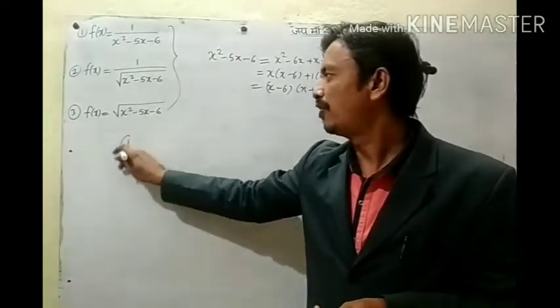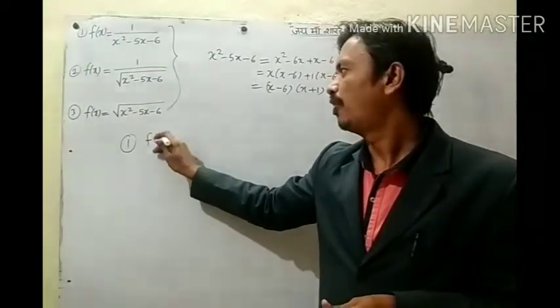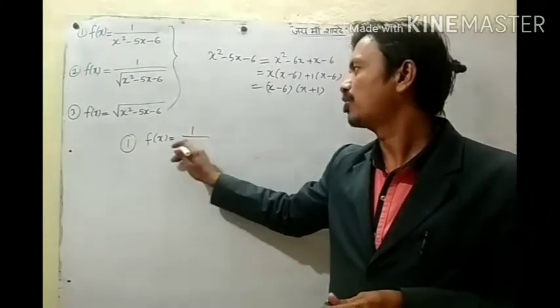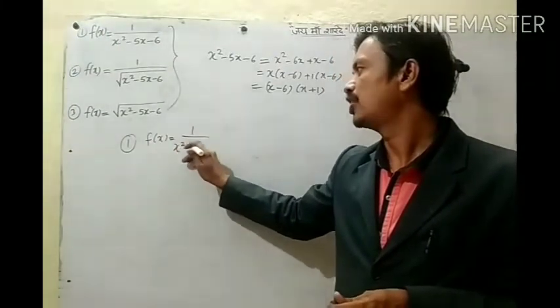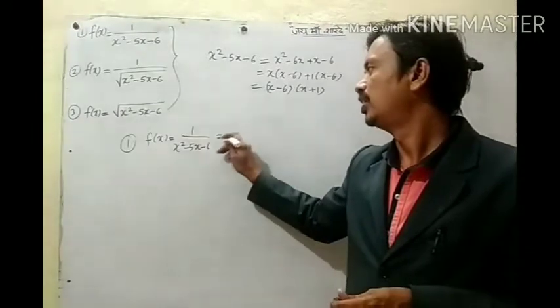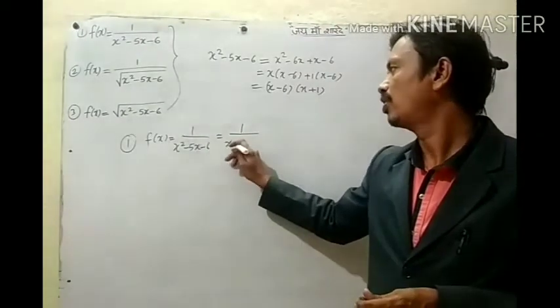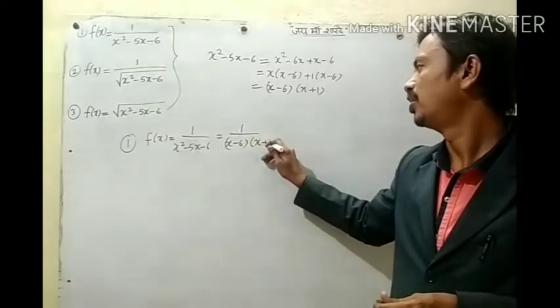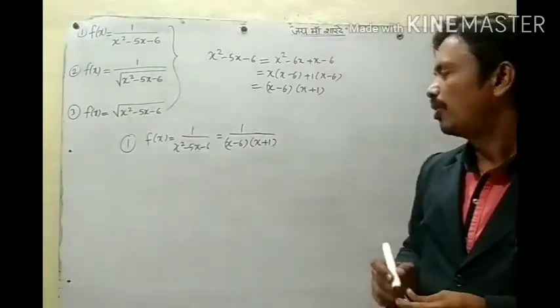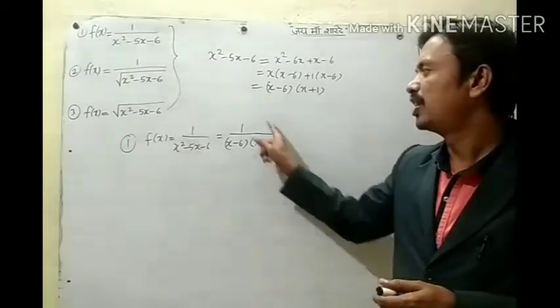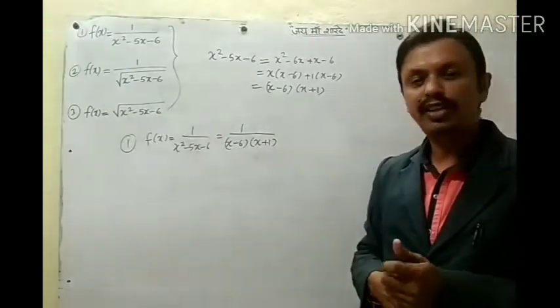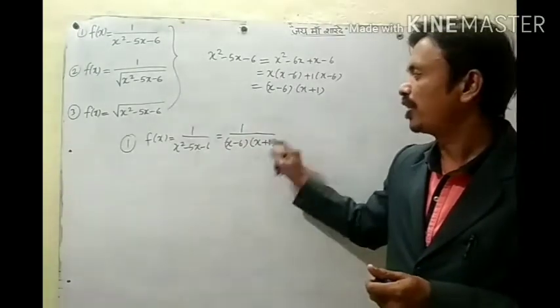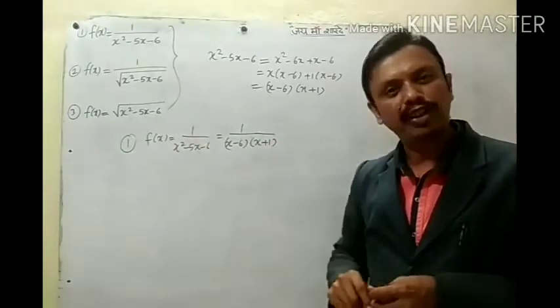Now, if we start the first question, f of x equal to 1 upon x square minus 5x minus 6. This can be written as 1 upon x minus 6 into x plus 1. Okay? Now, for which values of x is this function defined? This would find for which values of x we can get some value for f of x.